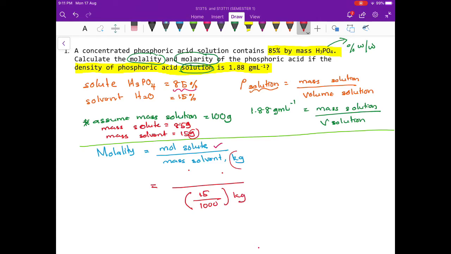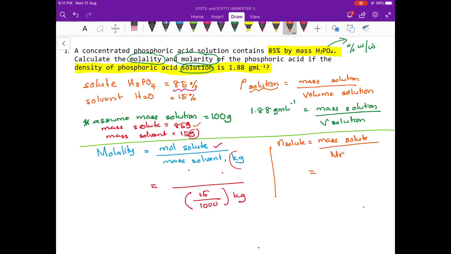How to find the number of mole solute? So mole solute equals mass solute over molar mass. What is our solute? Phosphoric acid. What is the mass of the solute?